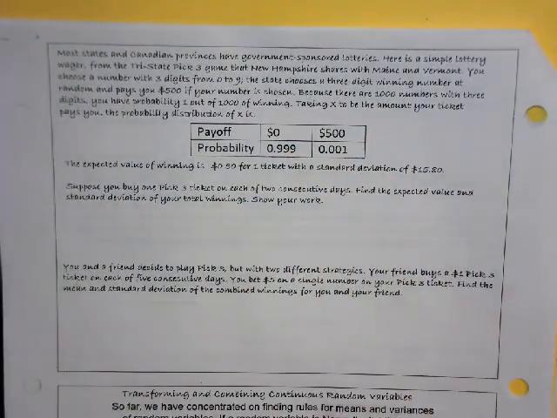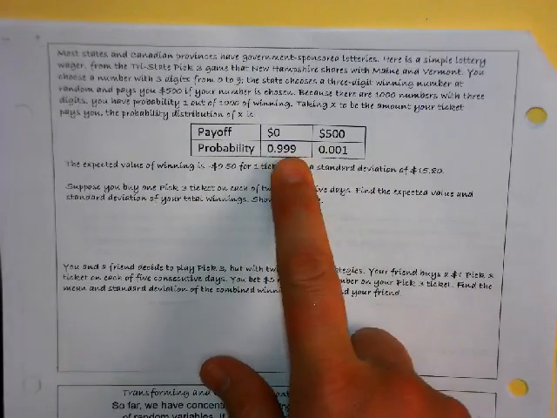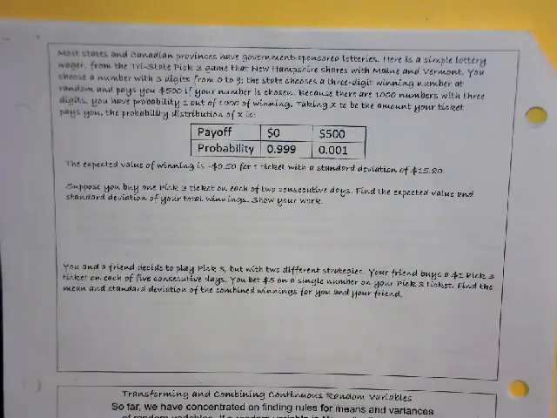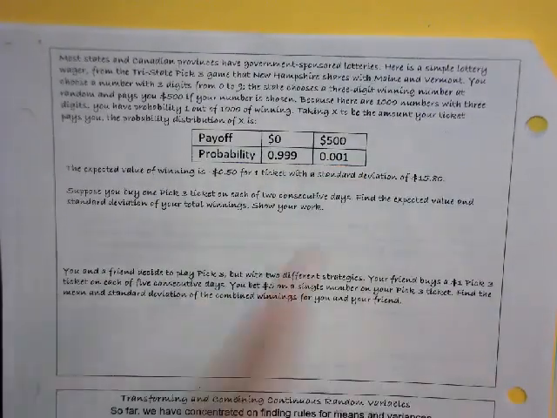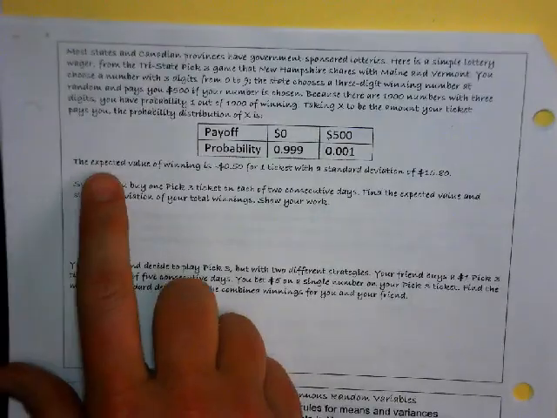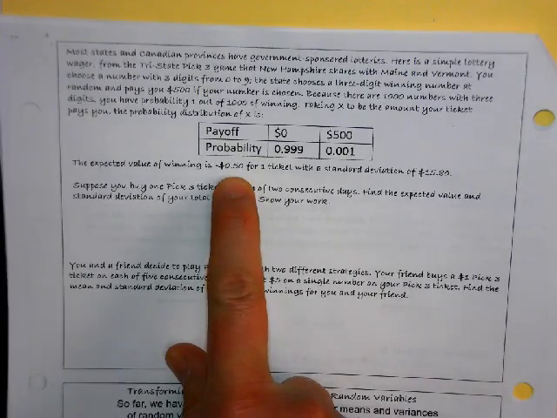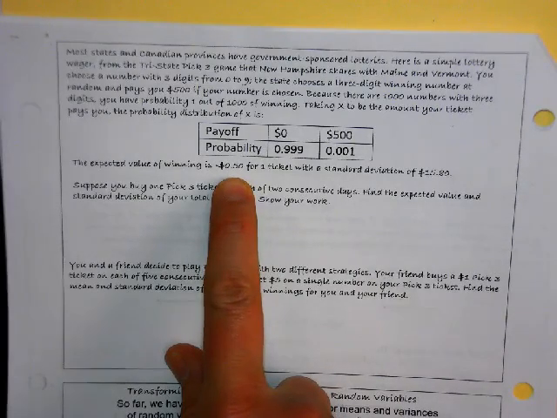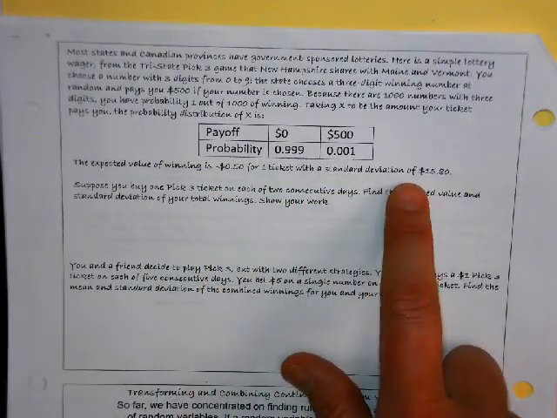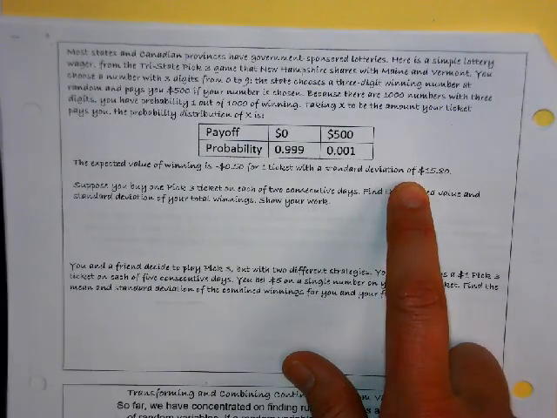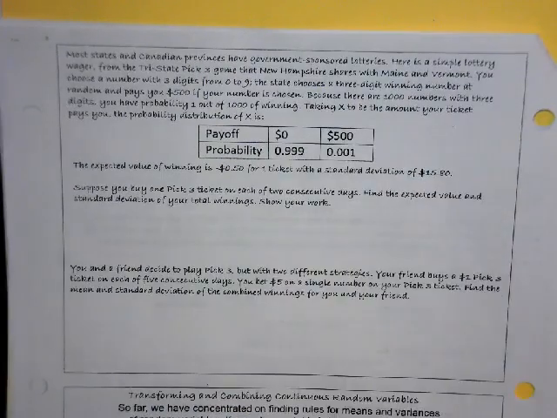Most of the time we're going to lose because we only have a 1 in 1,000 chance of winning. So the expected value of winning is losing 50 cents. The standard deviation is $15.80. So that's on average how much we vary from the mean.